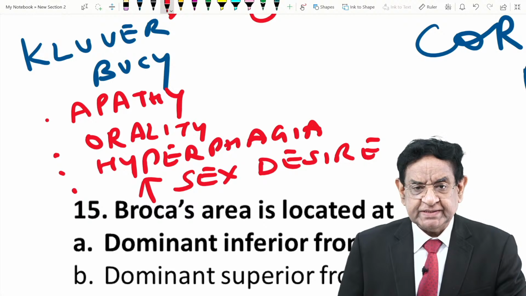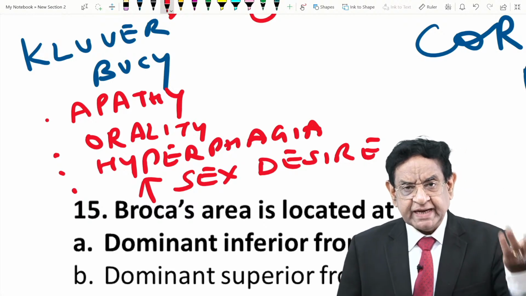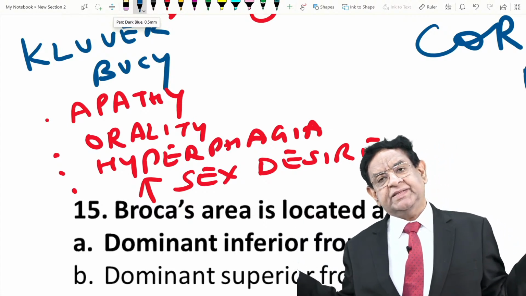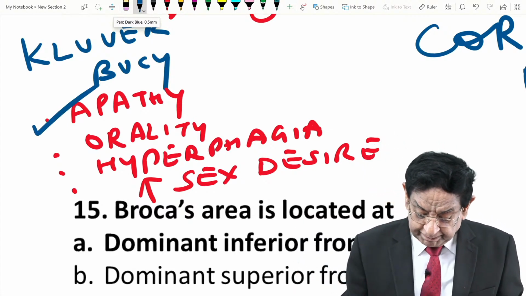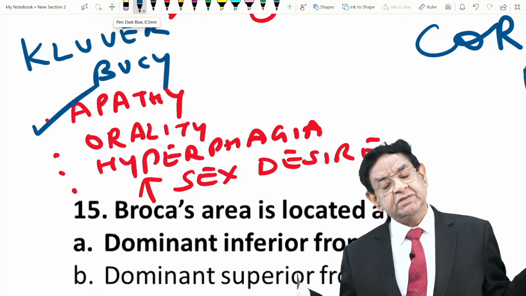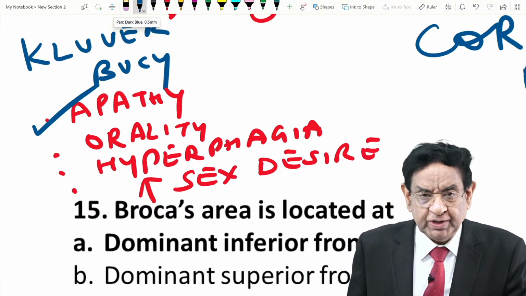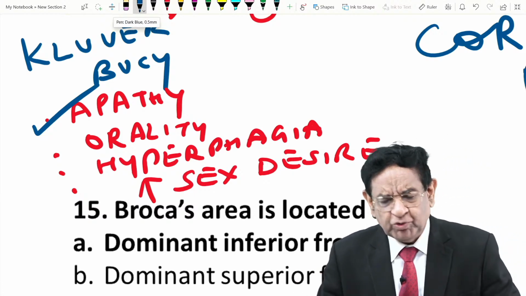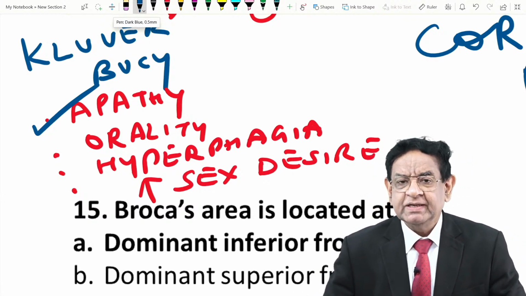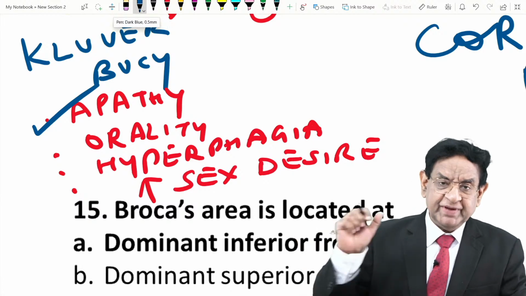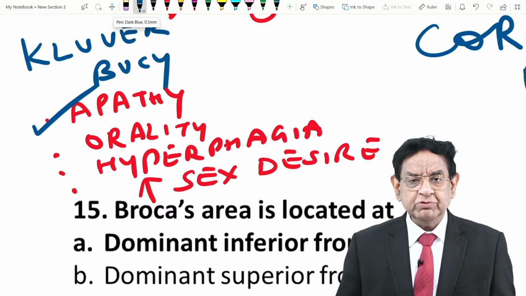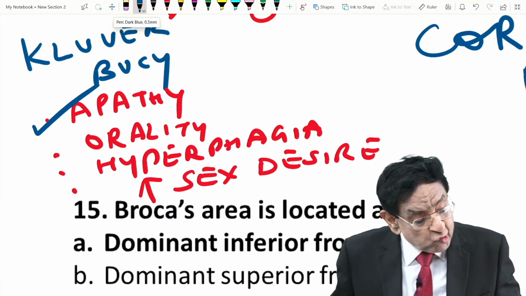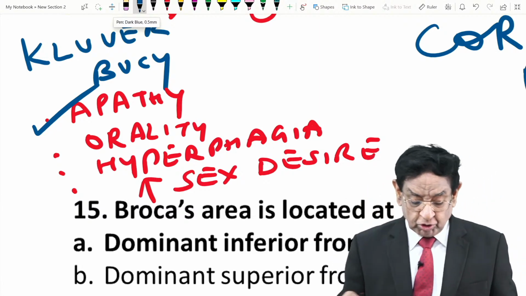The patient attendant will say, "Doctor, since the time of the accident, he is always lying on the bed like this, doing nothing." So-called apathy. Apathy means sust baitha hua hai, doing nothing. And the attendant says, "But we don't have any problem with this." What else? When we wake him up, he will try to touch everything with the mouth, like, "Look at me." So-called orality.